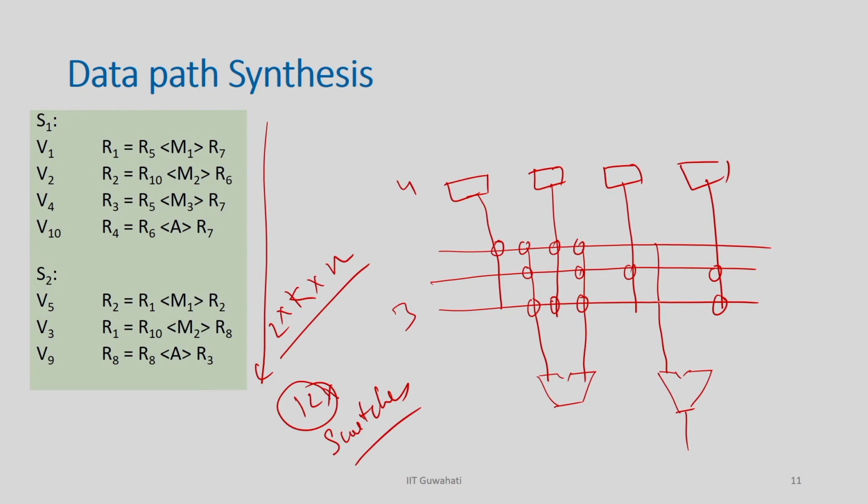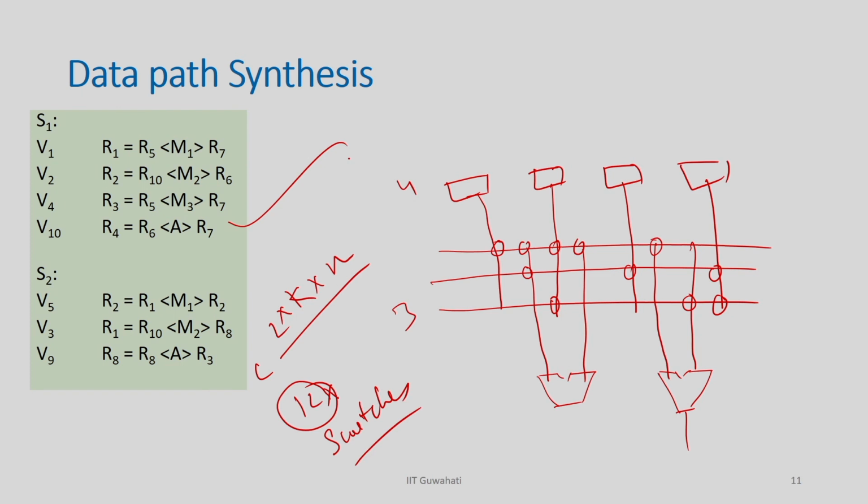Again, we can show that this number of switches is too much, so you do not need that. You can remove some of the switches. Suppose you do not need this switch, this switch, and so on. This can be determined by the RTL behavior, that is, what operations are going to happen.